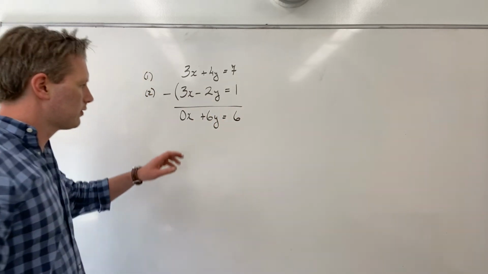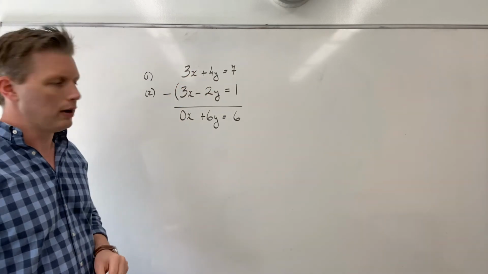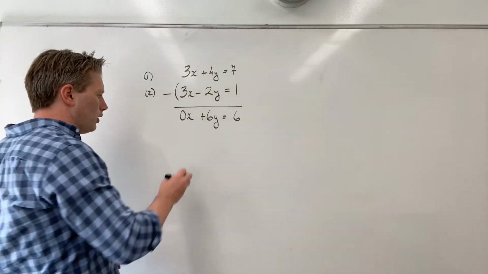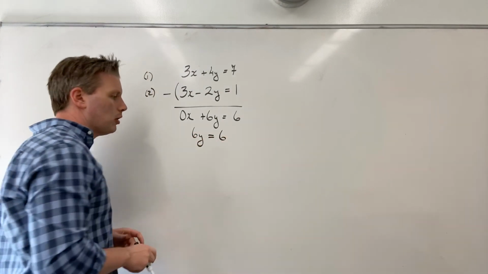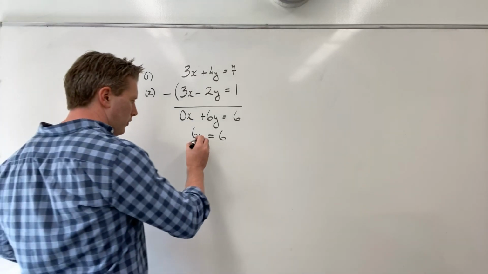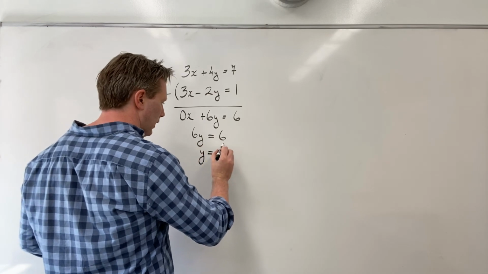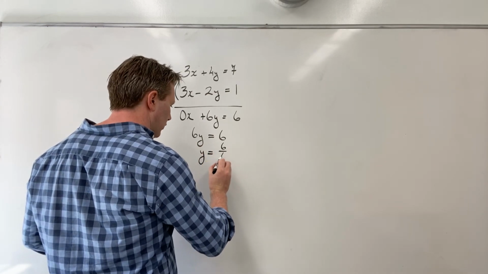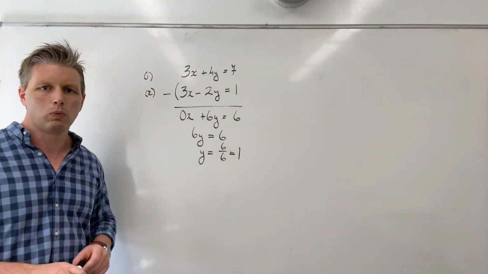And so notice that again, I have gone from two equations with two unknowns, x and y, to one equation with one unknown. 6y is equal to 6, I have one unknown, that's y, and so therefore I can solve for that one unknown. And so, if I divide both sides by 6, left and right, I get 6 over 6, which is 1. And so I'm getting that y is equal to 1.